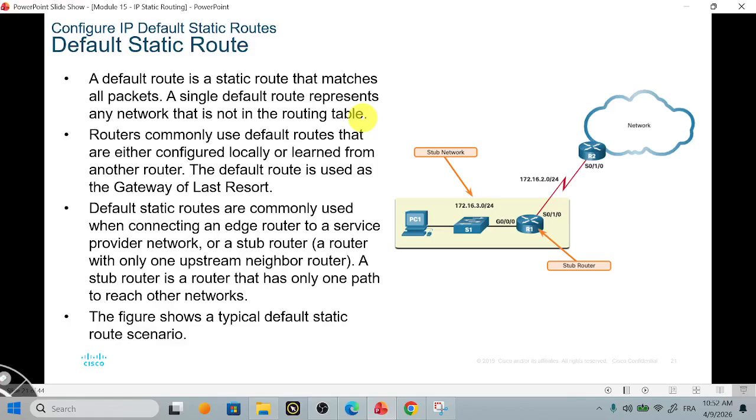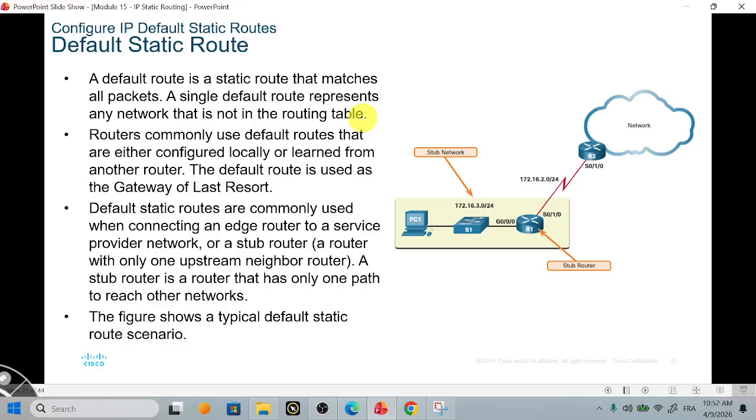If we want to know whether a destination address can be routed by some router, we take this destination IP address and check it against the entries within the routing table, using what we call the longest match.